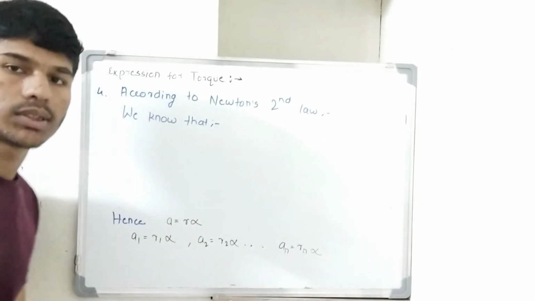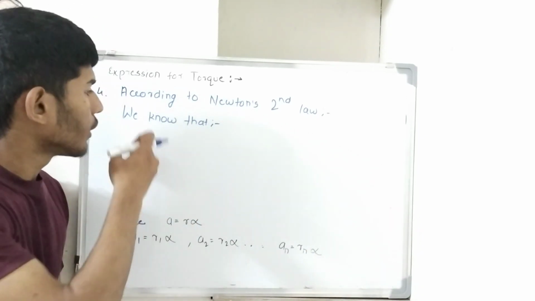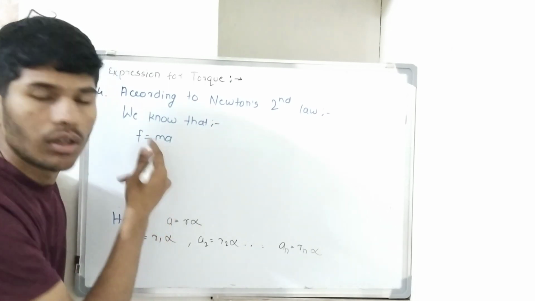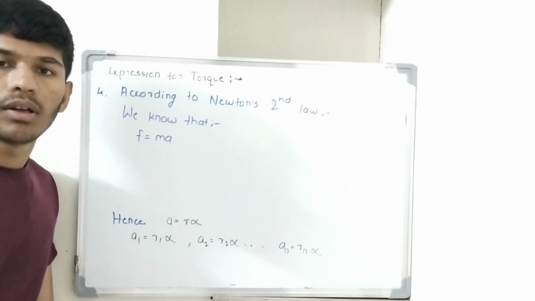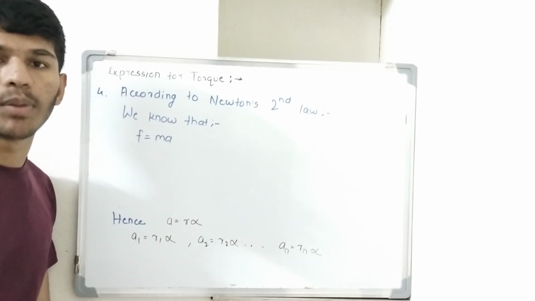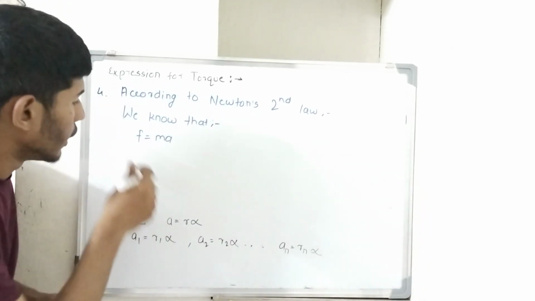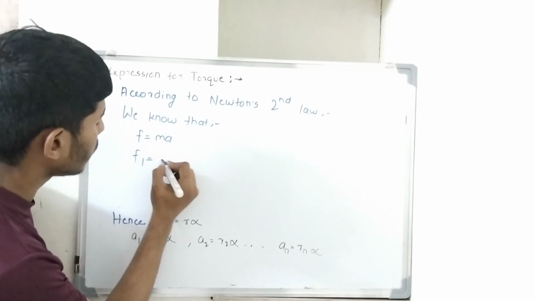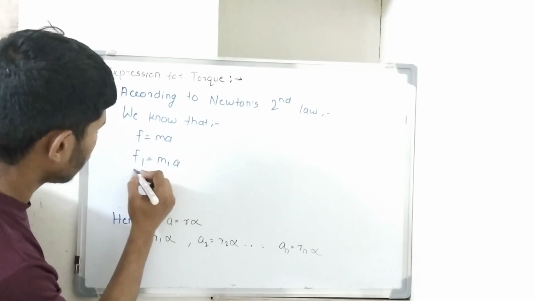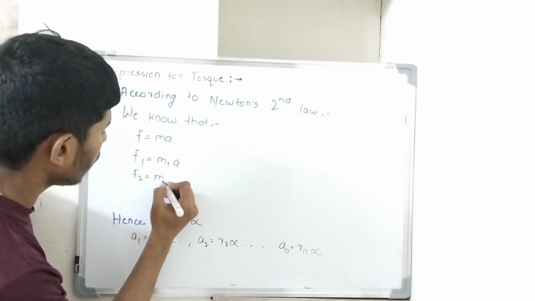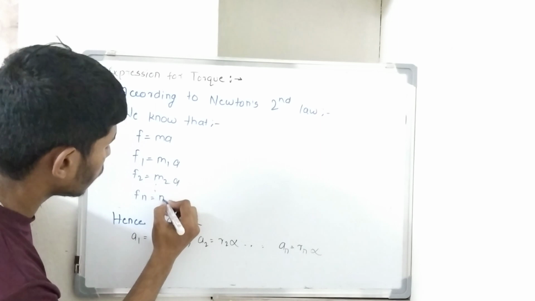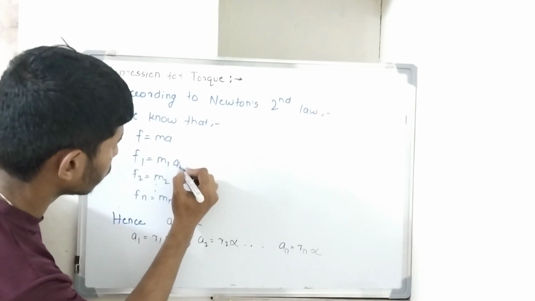Now according to Newton's second law, we already know that F is equal to ma, right? We studied it in the previous class. So for individual masses, it will be F1 is equal to m1a, F2 is equal to m2a, till Fn is equal to mna.